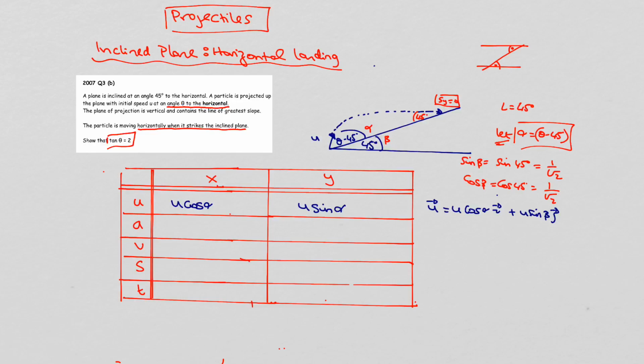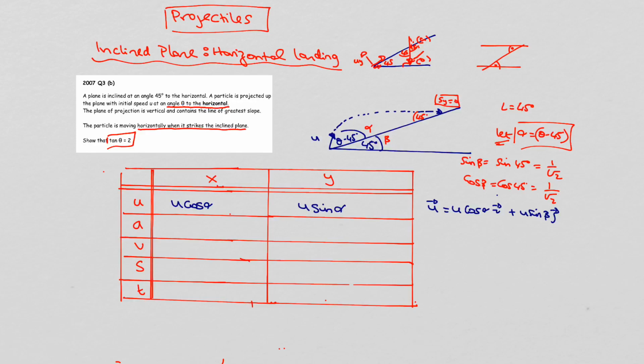Now we know that our gravity has to be resolved. If it's on the inclined plane and we're looking at gravity acting in a downward direction, then when we resolve the parallel and perpendicular components, if this is 45 and this is 90, this angle here is also 45, which makes this the opposite side and this one the adjacent side. Remember that u was projected up, so in the y direction it's going up and in the x direction it's going up.